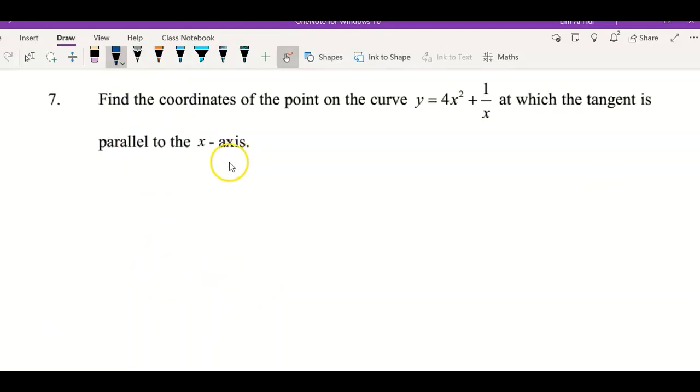Question 7 is similar to question 6, since the question asks us to find the coordinates of the point on the curve at which the tangent is parallel to the x-axis.